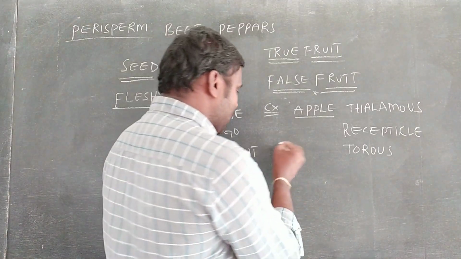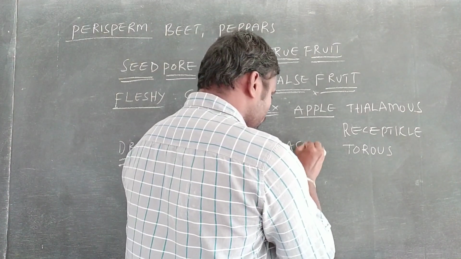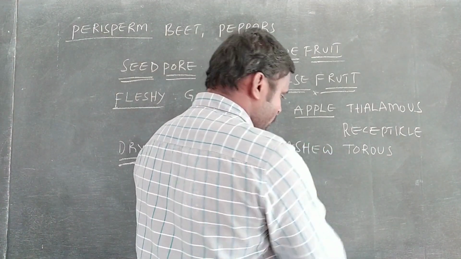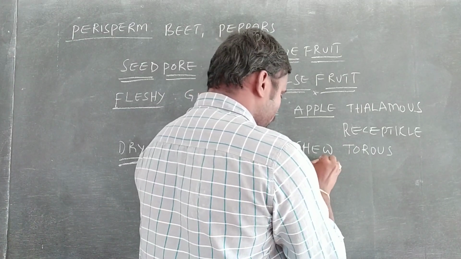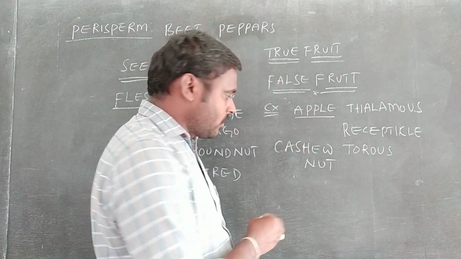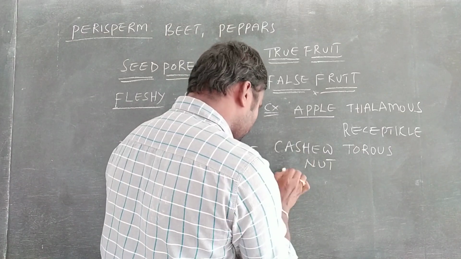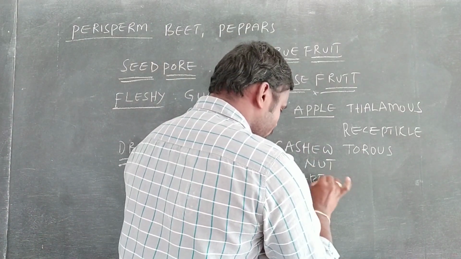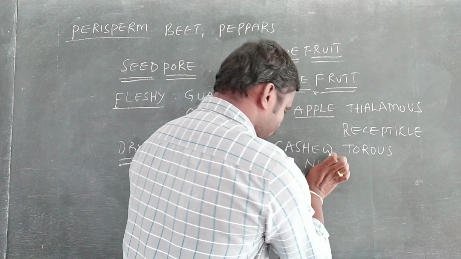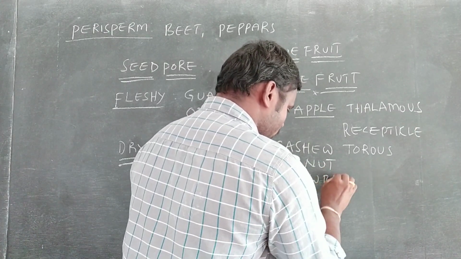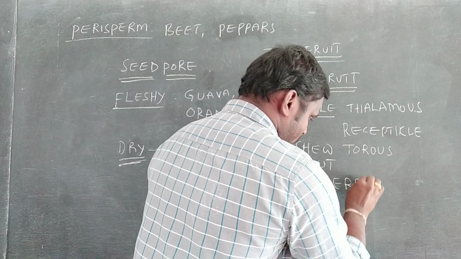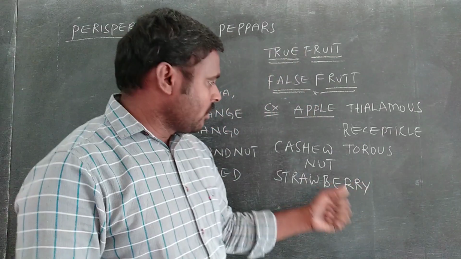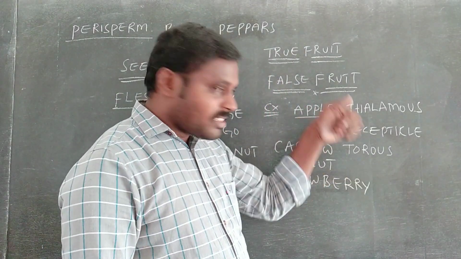One more example is the cashew nut, which is also a false fruit, and strawberry also develops from a part other than the ovary.